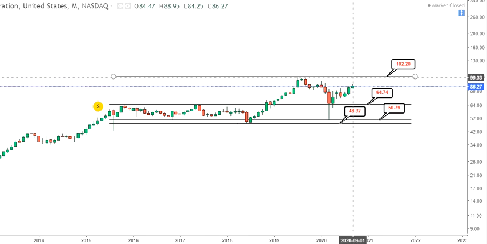So understand this, 102 will again become the resistance, and any big bull run or upcycle will only start once the stock sustains above 102. Otherwise, the current range for this stock is $64 on the downside and 102 on the upside. And if it falls below $64, then you have subsequent support levels.